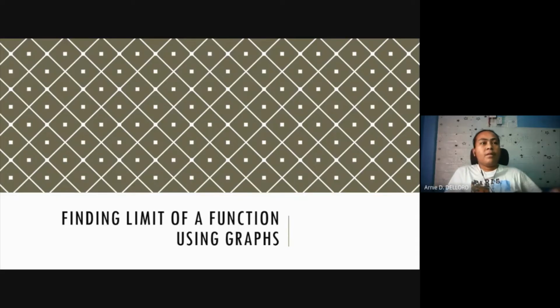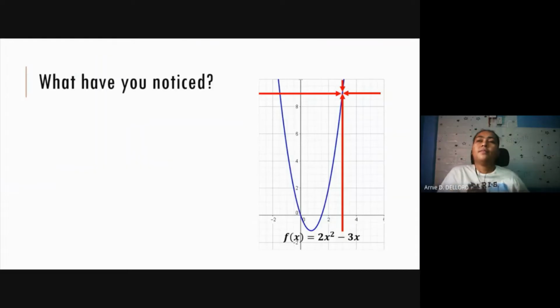Okay? So in this case, let's have this one. Yung 2x squared minus 3x is actually the equation I have presented a while ago. For example, number 1. Okay?